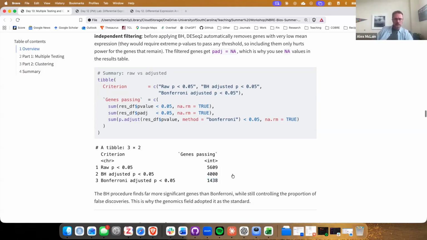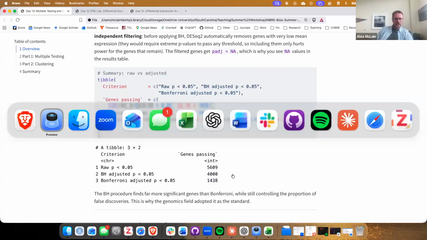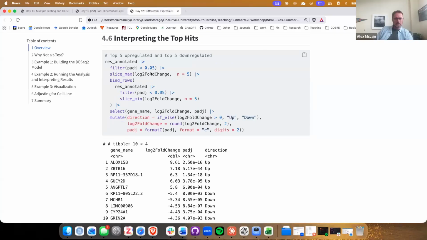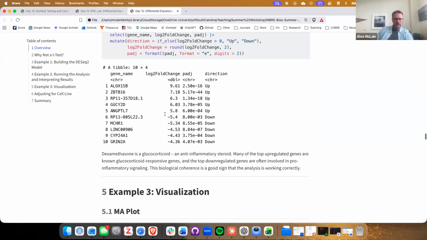I'd like to work this back into what we were looking at yesterday.